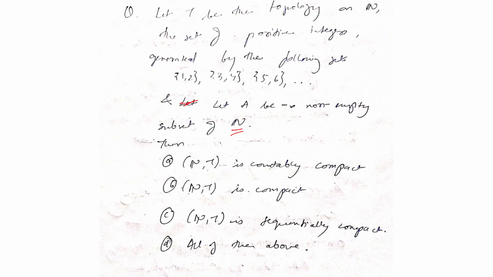Just check. You have to give an argument for all the answers, that A, B, and C, all of these three are correct. Okay, so let me know one by one. Why do you think that (N, tau) is countably compact, or it is compact, or it is sequentially compact?